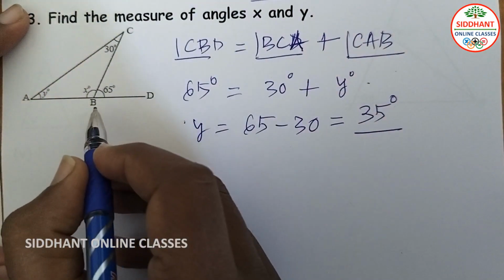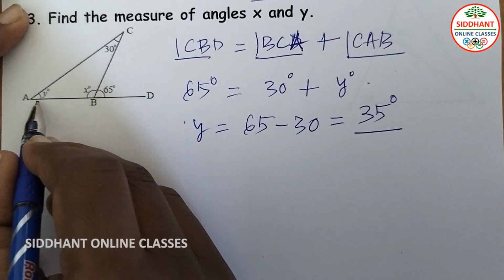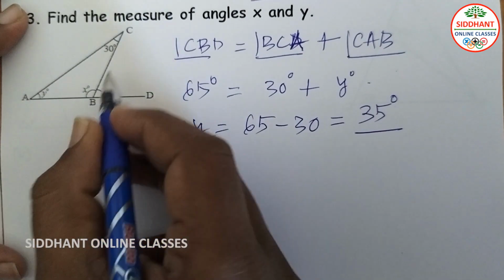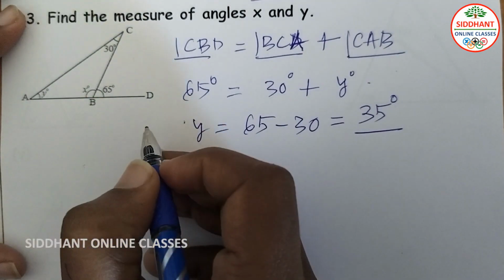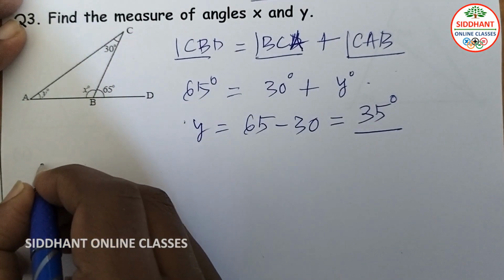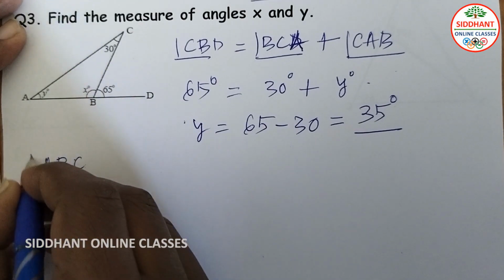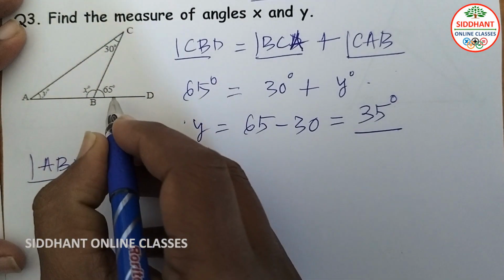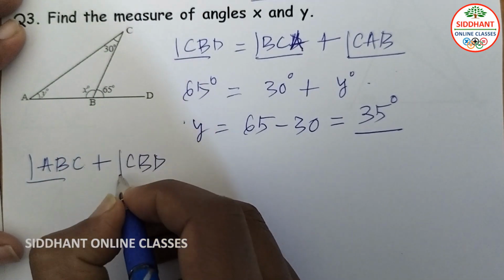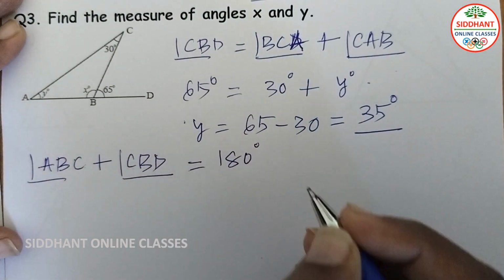Next we are going to find X. Here angle ABC and angle DBC are linear pair angles, so their sum is equal to 180 degrees. So angle ABC plus angle CBD equals 180 degrees.